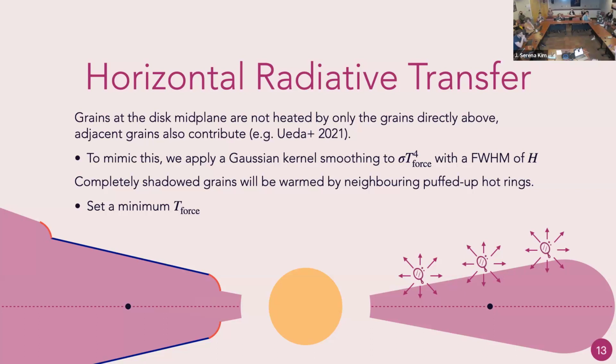That's because you have these whole hot columns that are radiating isotropically as well, and the heat from those can penetrate even the most shadowed regions. To emulate that, we just introduce a minimum forcing temperature so that we don't ever cool our disk down to very, very low temperatures.